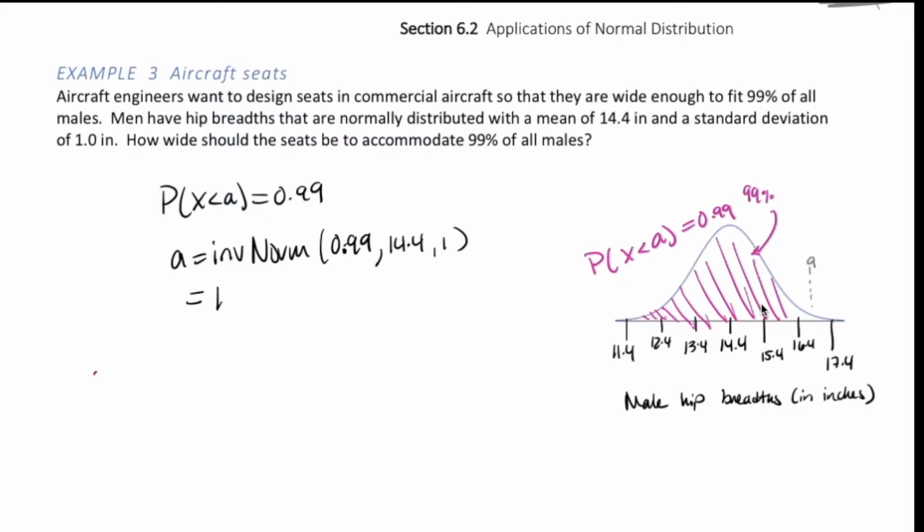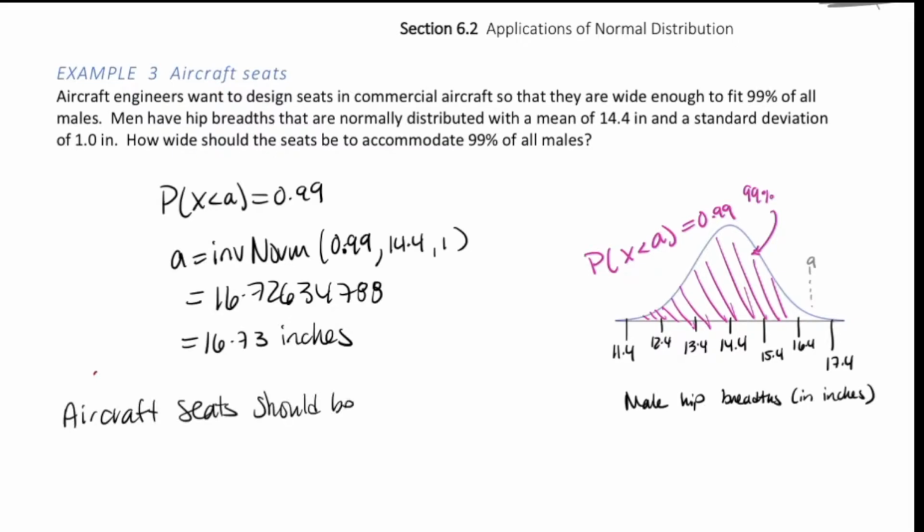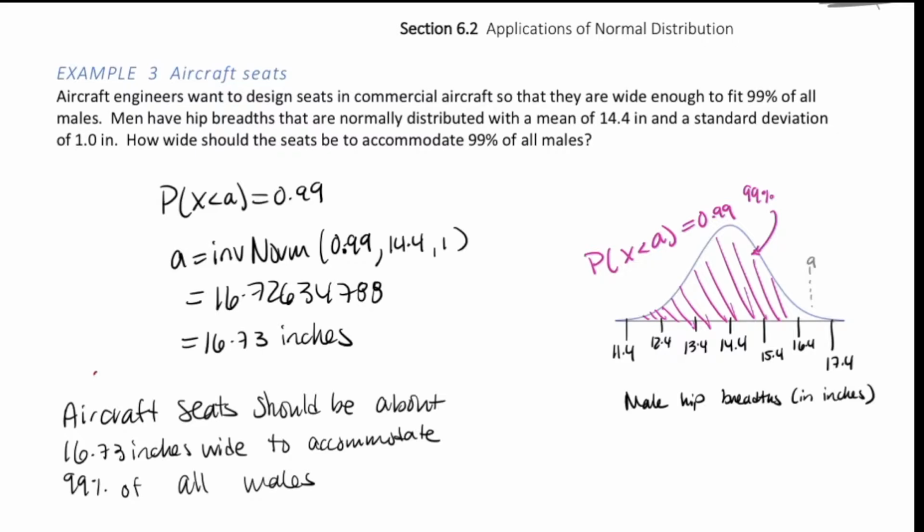And that's going to give us, and let's round, that's about 16.73 inches. Seats should be about 16.73 inches to accommodate 99% of all males. And on our picture, this would be about here. So we are pretty close with our guess.